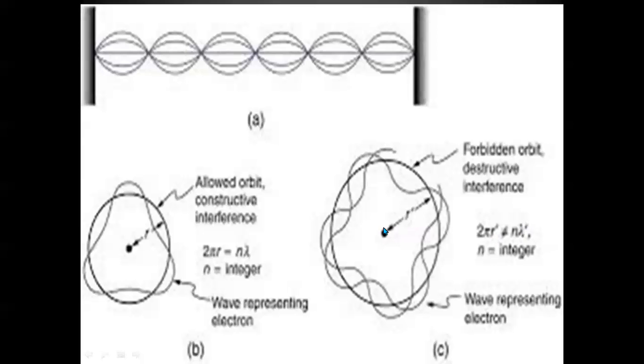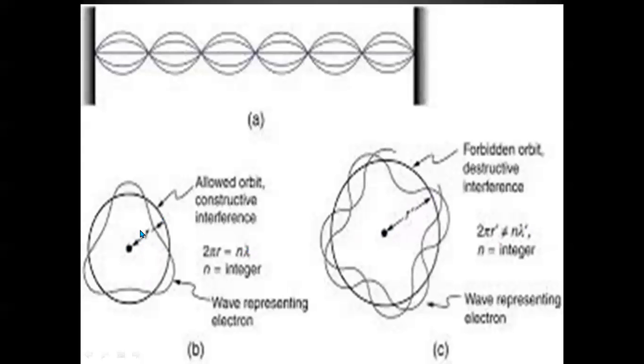R dash means the distance between the nucleus and the orbit, that is the radius of the atom. Here r is again the distance between the center of the nucleus and the orbit. Again this is radius.